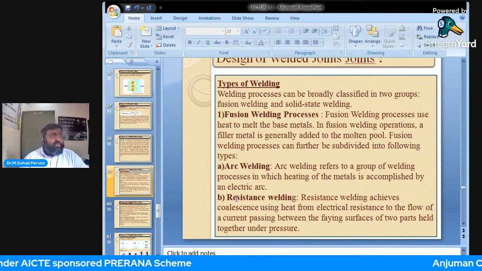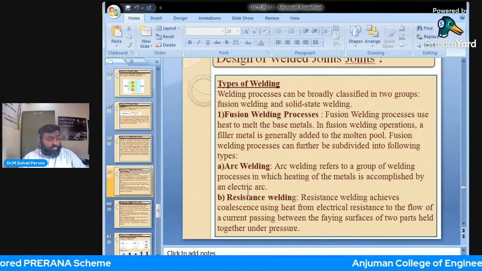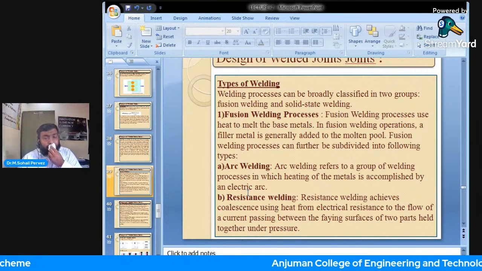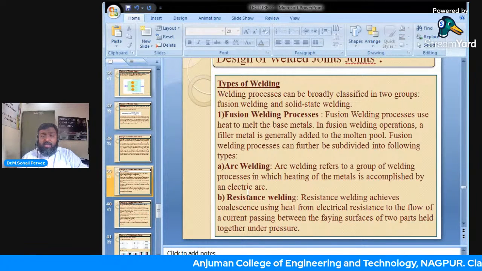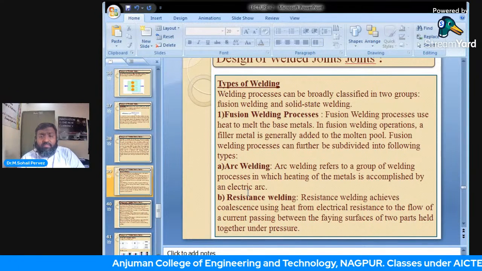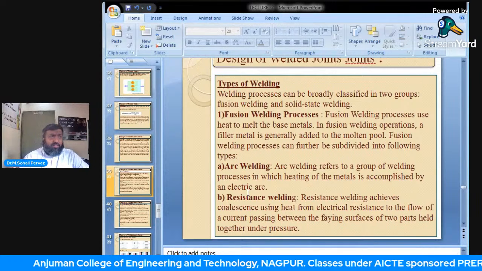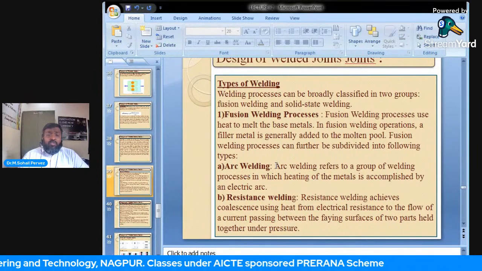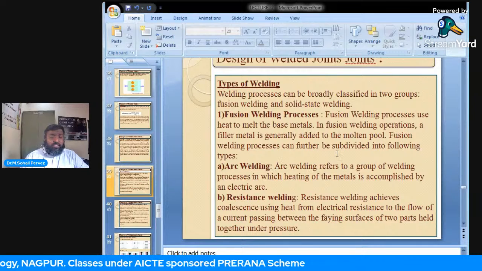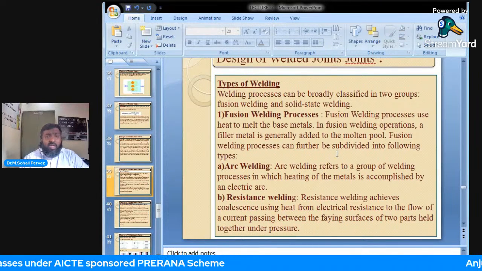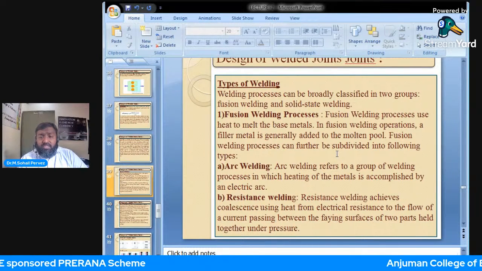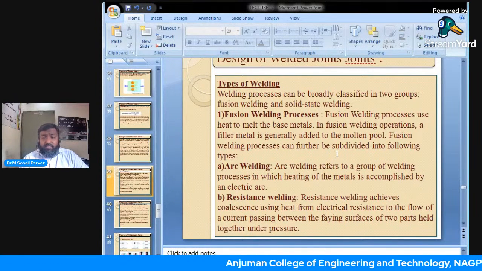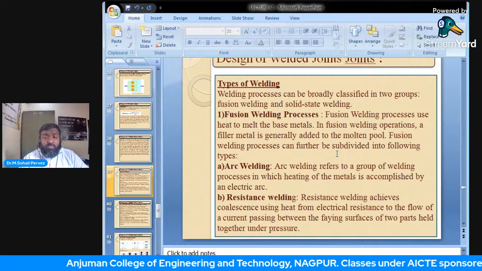Now, just look at these types of welding, because in the question bank and question papers we have gone through, these theory questions are repeatedly asked. So, how do you classify fusion welding? The fusion welding process uses heat to melt the base metals. In fusion welding, a filler metal is generally added to the molten pool.